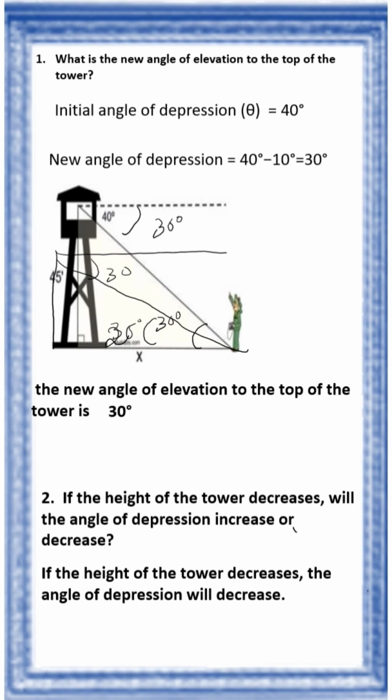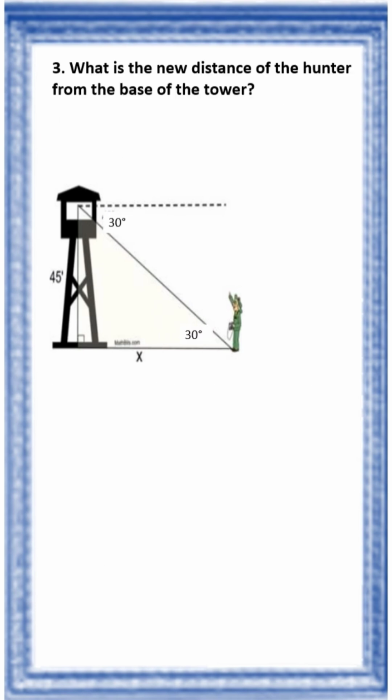What is the new distance of the hunter from the base of the tower? Let this triangle be A, B, P. The height of the tower AB is 45 meter, and BP, let it be x meter.